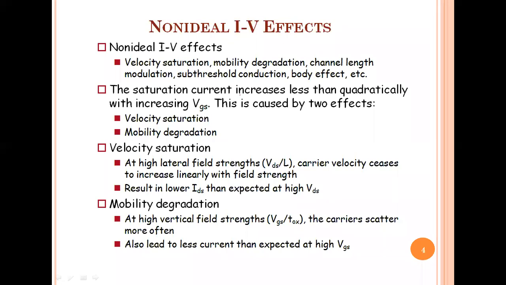In this mode of operation, the interface has a larger accumulated number of holes near the oxide interface than the bulk. Thus, the semiconductor becomes more p-type near the interface than the bulk. So this region is also called accumulation mode.